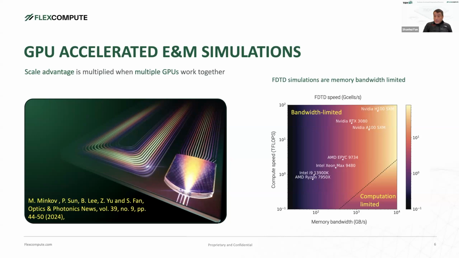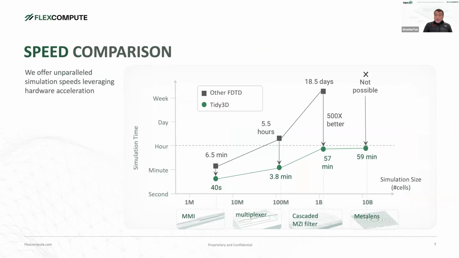As you can see here, there's a tremendous amount of performance improvement when we go to GPU as compared with standard CPU architecture. And one of the features of Tidy3D that you probably notice is that it's extremely fast. We typically see orders of magnitude improvement compared with standard commercial code.